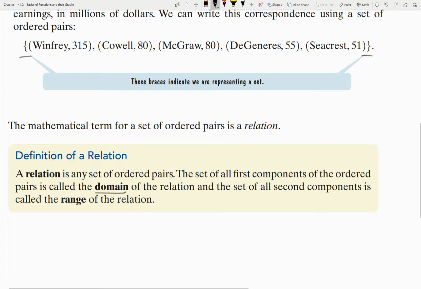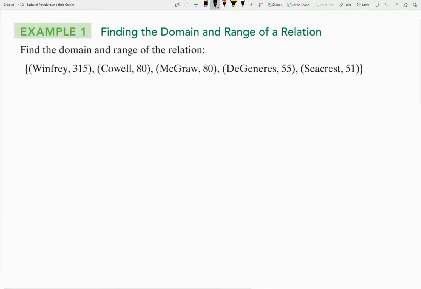If you have ordered pairs, the first thing in the ordered pair is called the domain, and the second component of the ordered pair is called the range. Okay, and most of the time we're going to be using numbers to display the domain and range, but it doesn't have to be, especially not with this example.